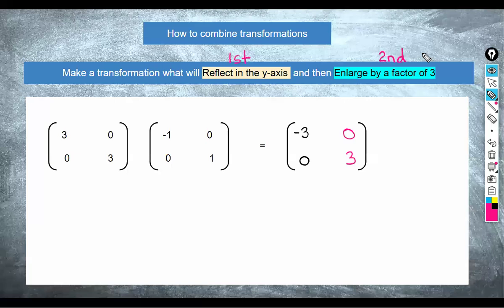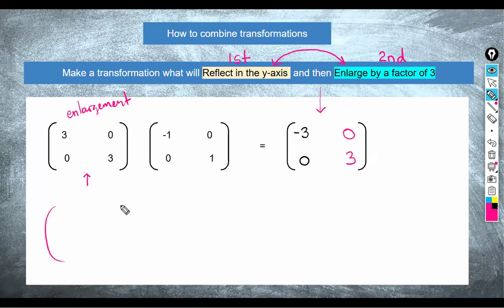Notice something very, very strange. Whenever you're trying to do two things, you're trying to create one matrix that will do two things at the same time. Does everyone agree that this matrix here is an enlargement by a factor of 3? Confirm it with me. Go back in your notes. Does this matrix do an enlargement by a factor of 3? Yes or no? Does that one?